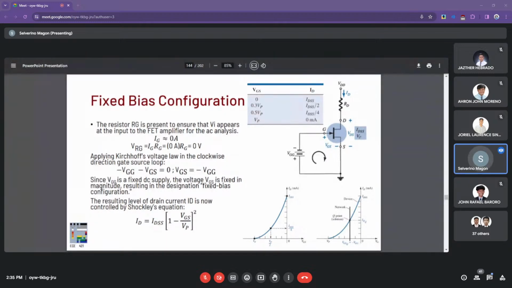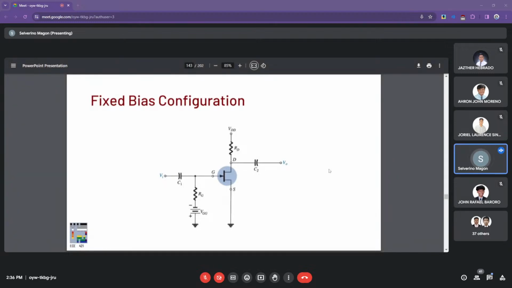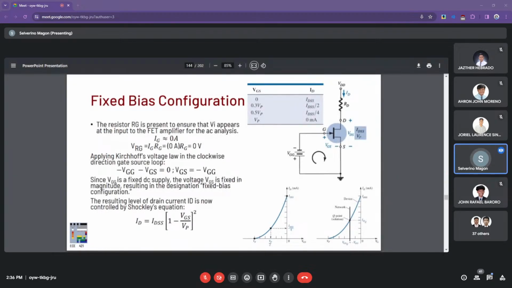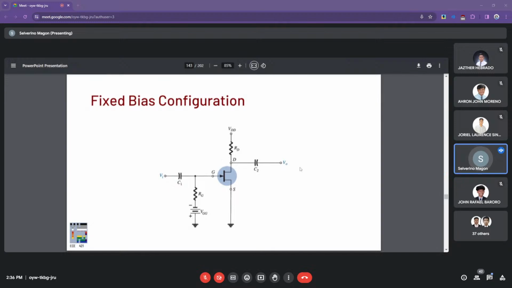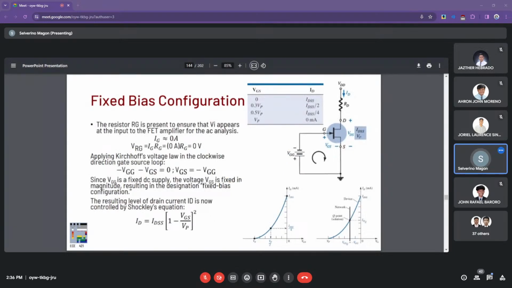If we try to solve for the voltage across the resistance right here, then we need the gate current times the resistance value. Since we don't have any current going to the gate, the voltage across the resistor RG is 0 as well. So we do not perform analysis in consideration of the gate current.